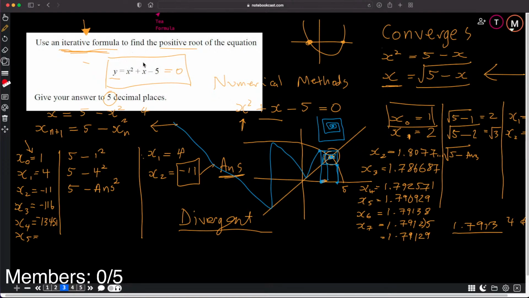So you would firstly have to try some different formulas. Then you'd have to recognize which ones diverge and which ones converge. And as soon as you find the one that converges, then you will get your answer, which is quite a lot, really.